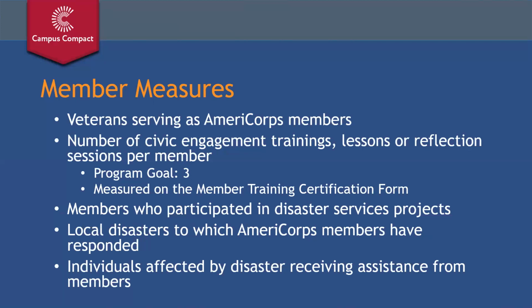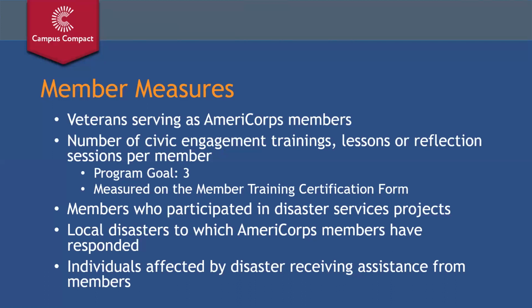So our program goal is to have an average of 3 of those per member, and we do collect that information. You can document that on the member training certification form. Someone who goes to the Iowa Civic Action Academy is totally going to blow that number out of the water. So we do tons of civic engagement training in there and reflections throughout that. So that certainly is an opportunity as well.